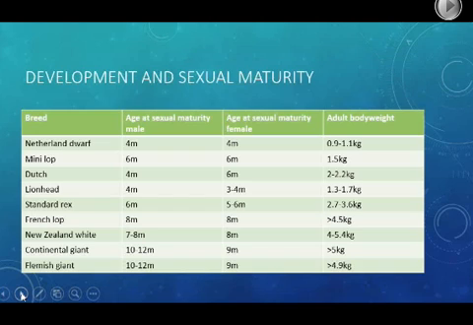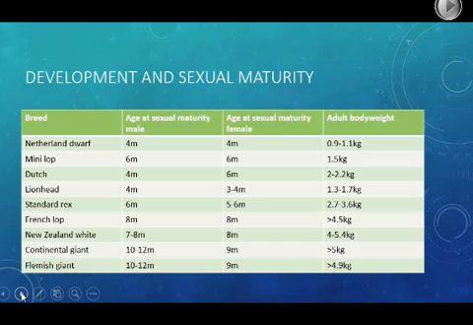So how are we developing and what happens at what time? Because I wanted to discuss development and sexual maturity specifically because it affects our advice regarding splitting litters and also our advice regarding times at neutering or times at mating.